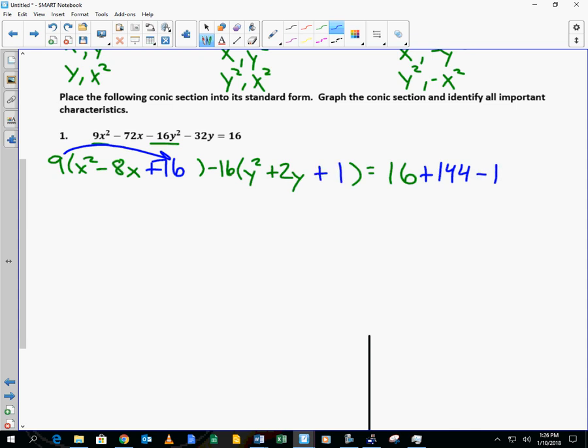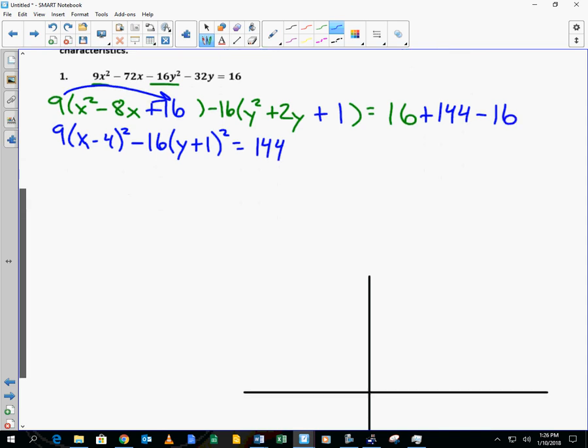So a minus 16. So now we have 9 times x minus 4 squared minus 16 times y plus 1 squared, divided by 144.